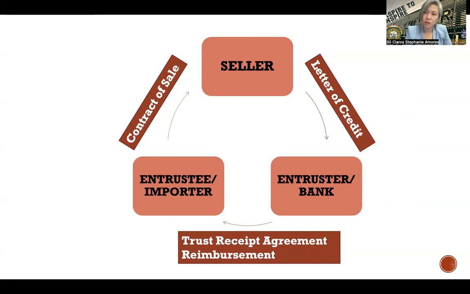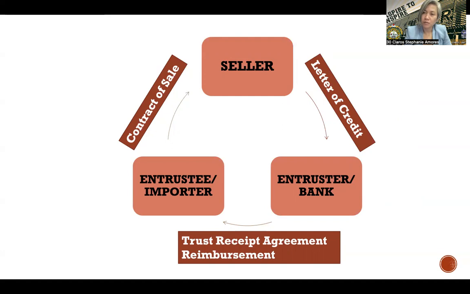And this entruster of the bank will then be considered to have absolute title or a security interest subject matter of the trust receipt that will be issued by the entrustee.